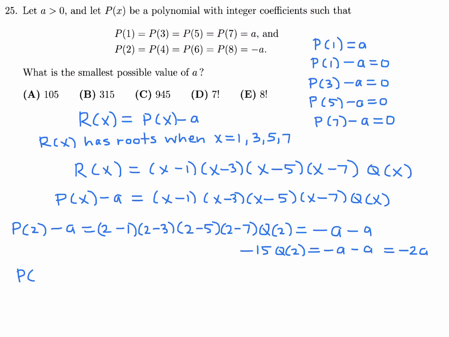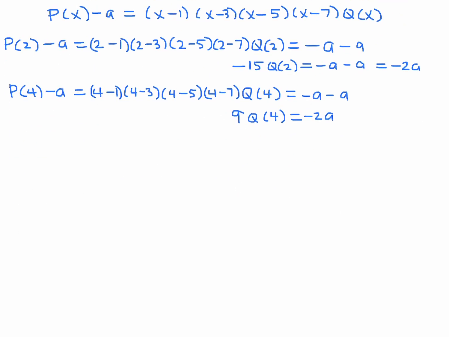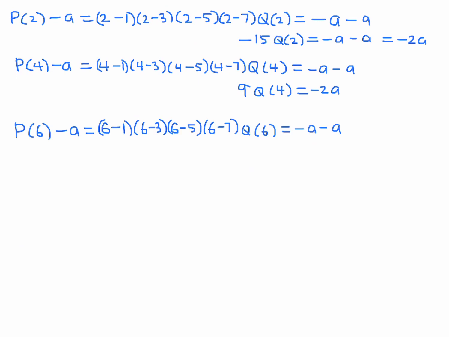Now we do the exact same thing for p(4). We'll substitute that in, and if you do the math here, you get 9q(4) is equal to minus 2a. And then, of course, we'll do the exact same thing for p(6), and that is again going to be minus 15q(6) is equal to minus 2a.